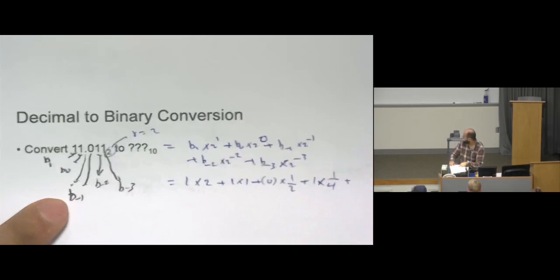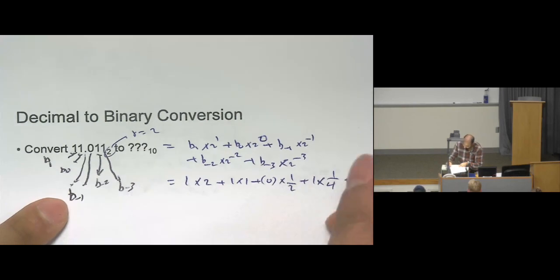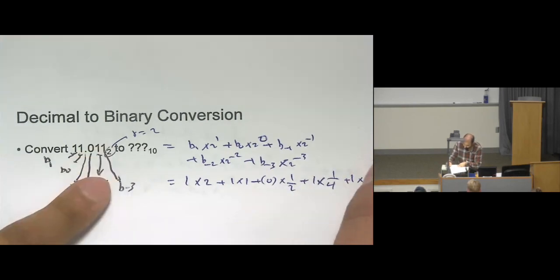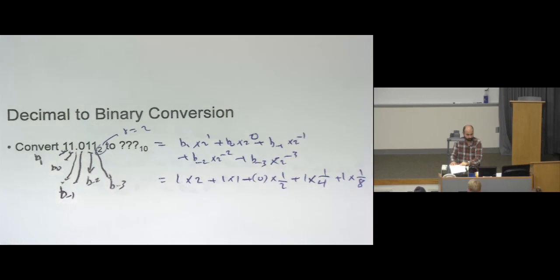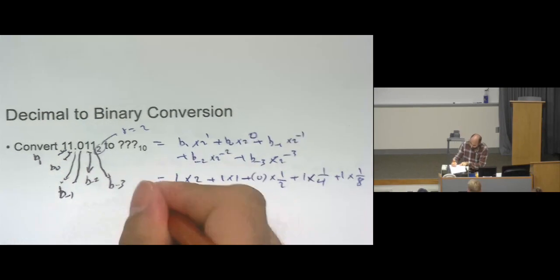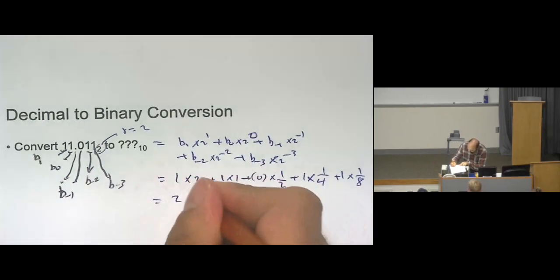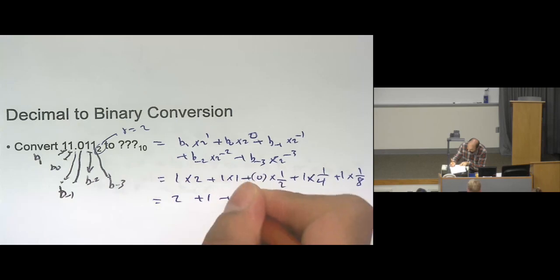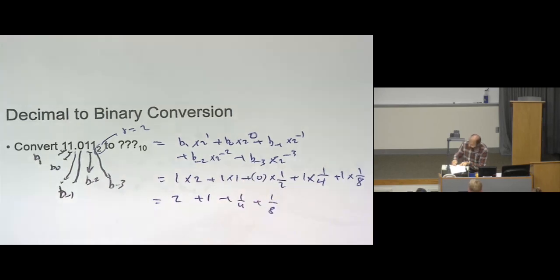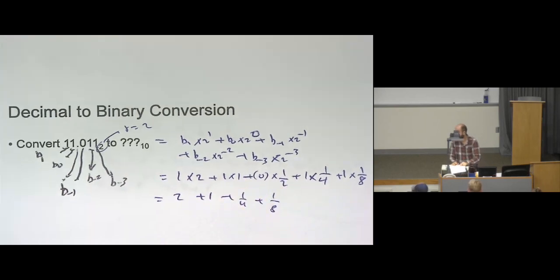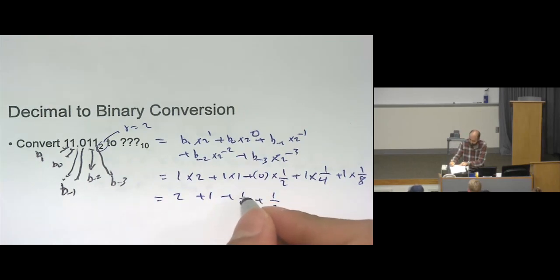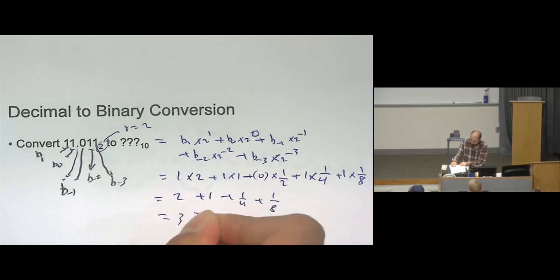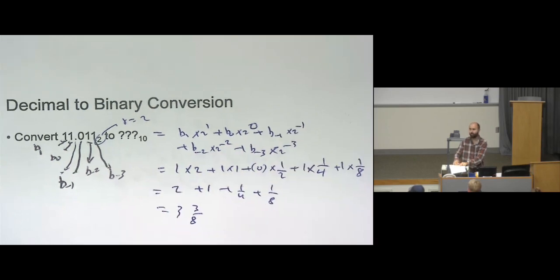Plus B-3, which is 1, times 2 power -3, which is 1/8. So it's going to be 2 plus 1 plus 1/4 plus 1/8. 1/4 is 0.25, or we can say 2/8 plus 1/8 is 3/8.